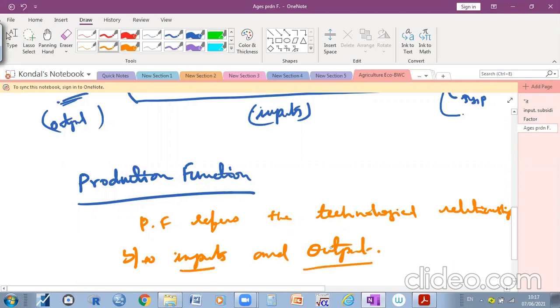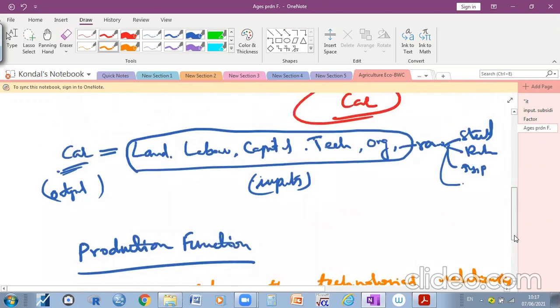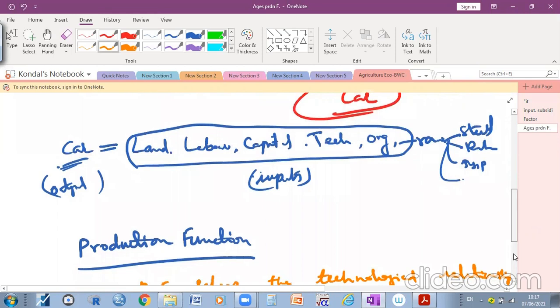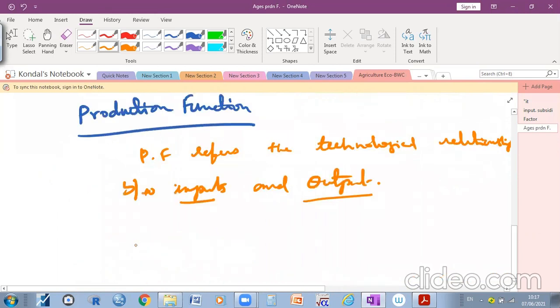Inputs and output. See here, the best example is any output like paddy or a car. For example, in agriculture, paddy is the best example.